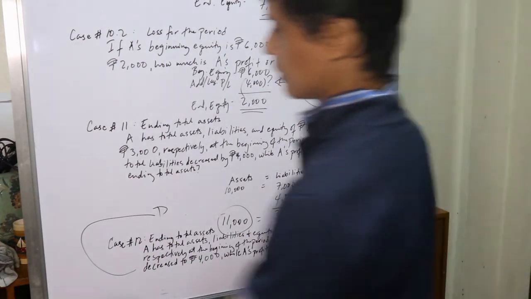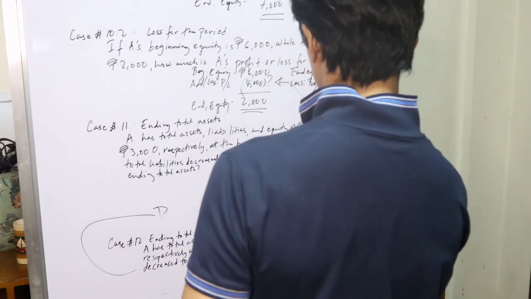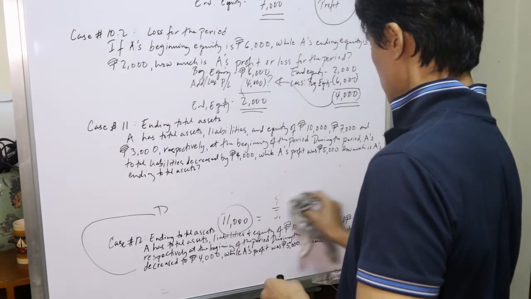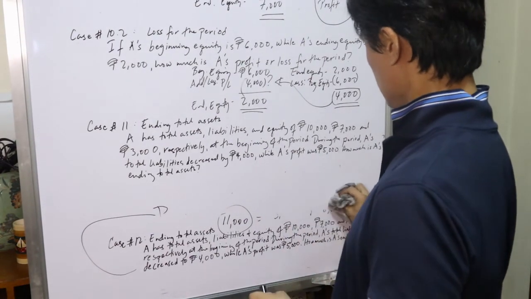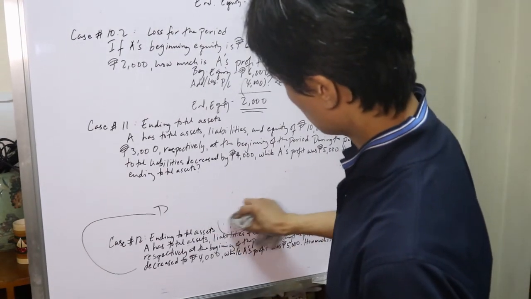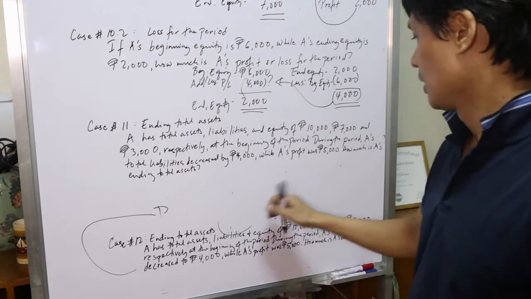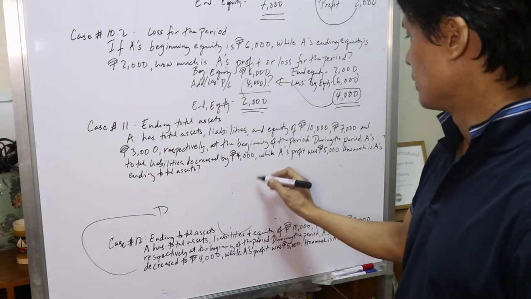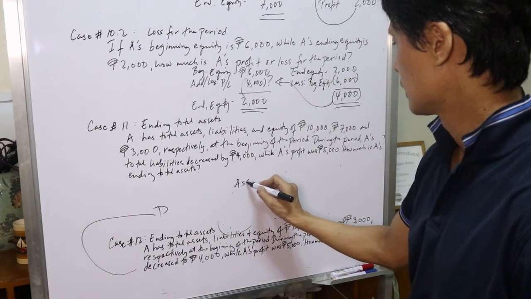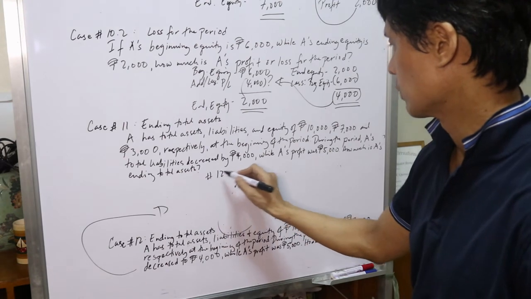So, we'll try to conserve some space. So, ganyan. Tandaan mo na lang, 11,000 yung total asset yung sagot dito. Okay, so this one should be yung total assets niya. This one is case number 12.